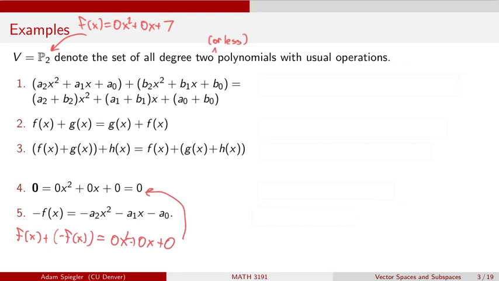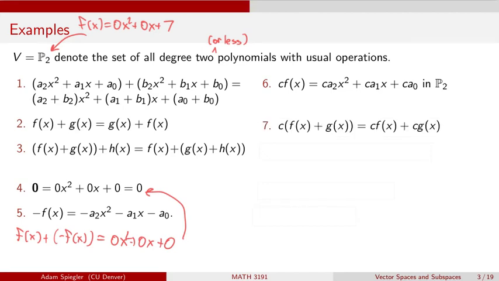So we do have additive inverses here. And continuing with the other properties, if I take any scalar c times a quadratic function, then I get c a2 x squared plus c a1 x plus c times a0. And this is a polynomial that is going to have at most degree 2.